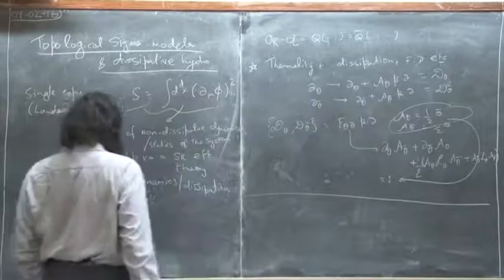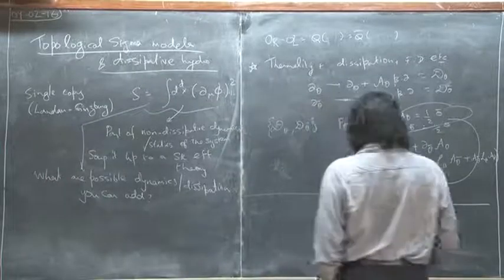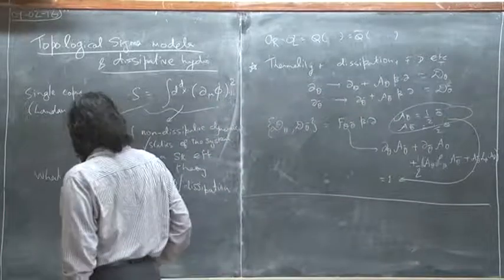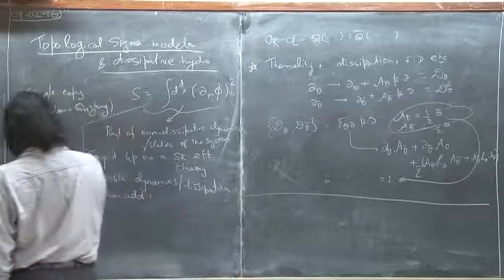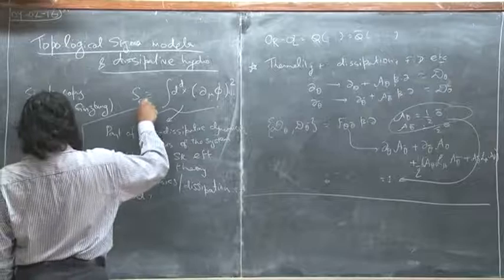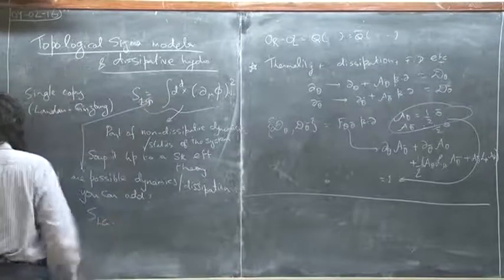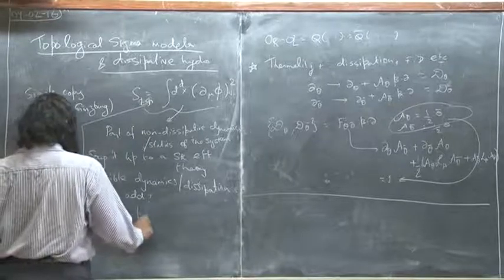And the particular strategy that I was outlining yesterday, though I didn't quite explain it elaborately, but that's what I'm trying to do now, is to take this theory. Let's call it the parent theory. Take this theory and take it to superspace.